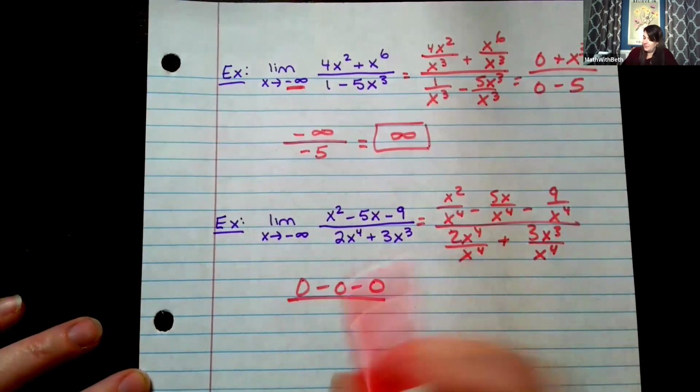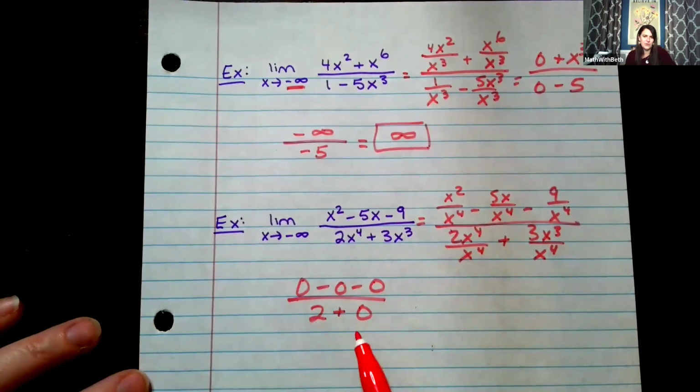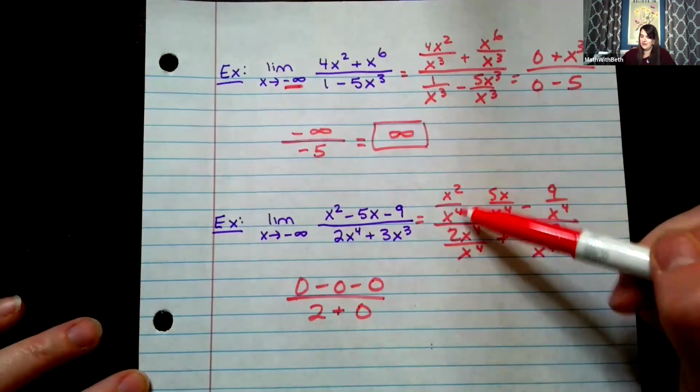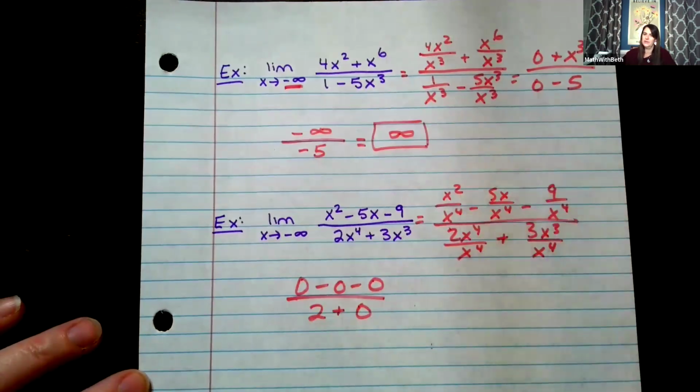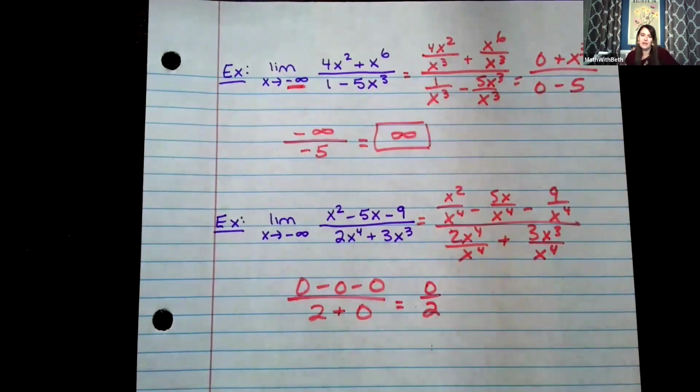On the bottom, I end up with 2 plus 0. Again, I'm doing the 0 so quickly because I'm just quickly seeing if there's more x's on the bottom, I know it's going to turn into 0. So I end up with 0 over 2, which is fine.